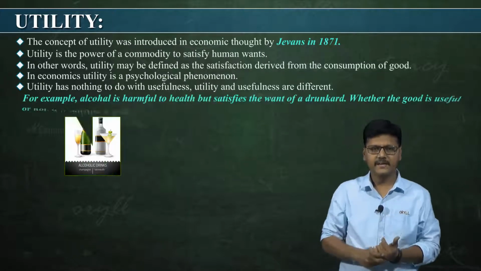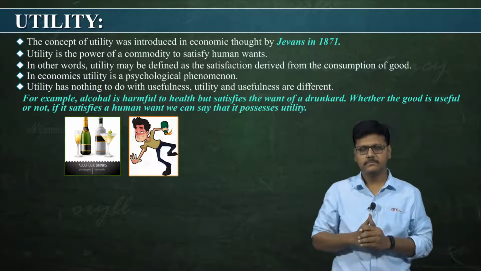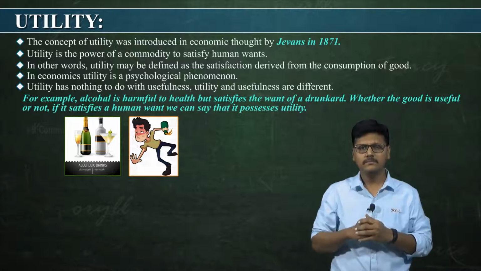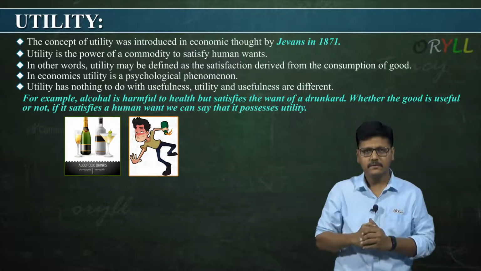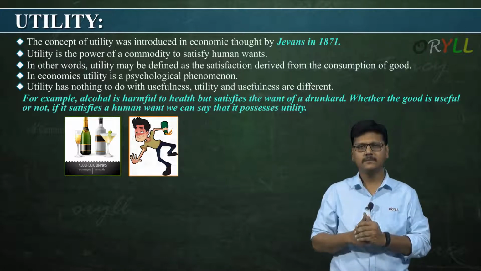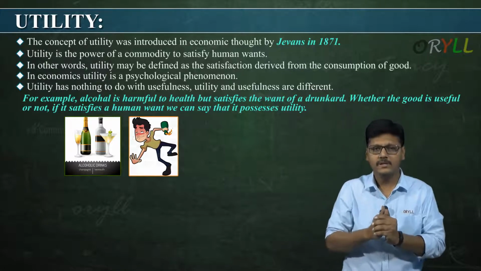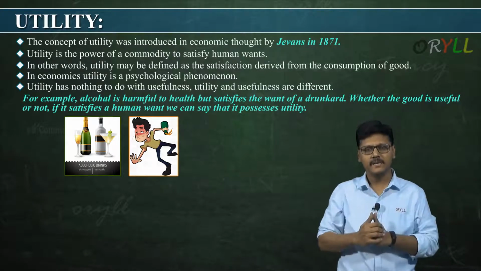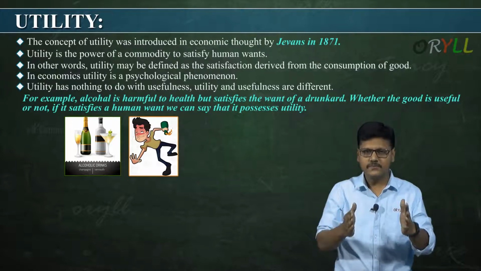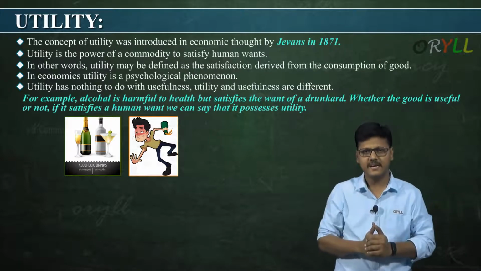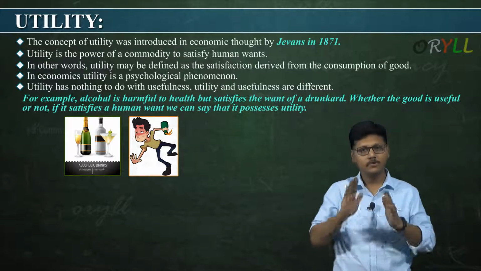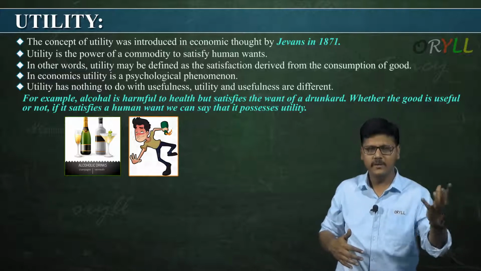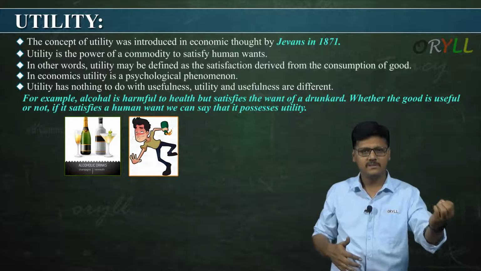For example, take alcohol. Alcohol is a commodity, but consuming alcohol, does it give you any benefit or good health? No. Consuming alcohol is injurious to health, but it has utility, because it is satisfying the want of a drunkard. Though it is not healthy, alcohol is considered to have utility because it is satisfying the wants of drunkards.